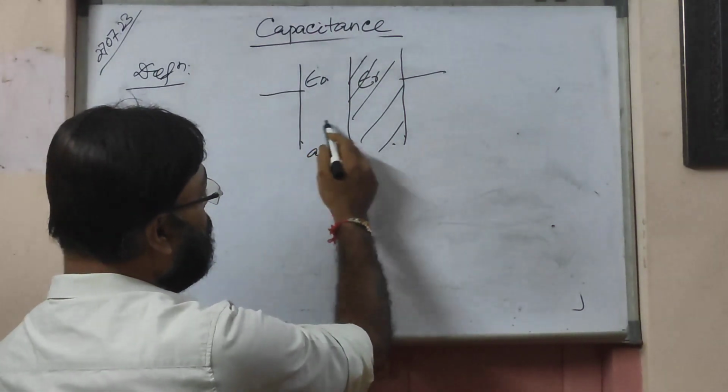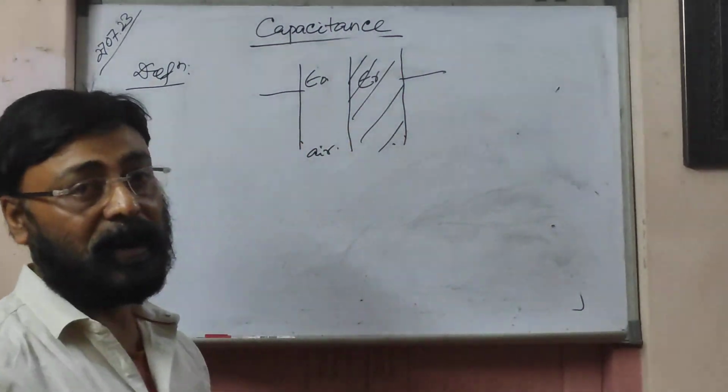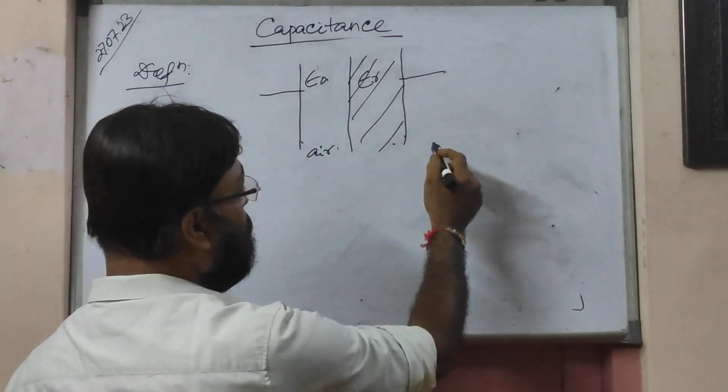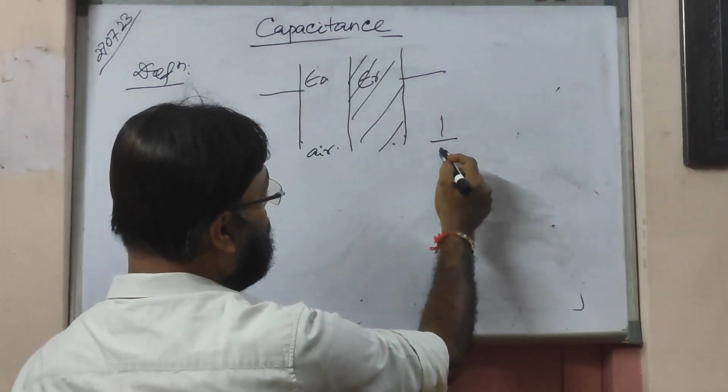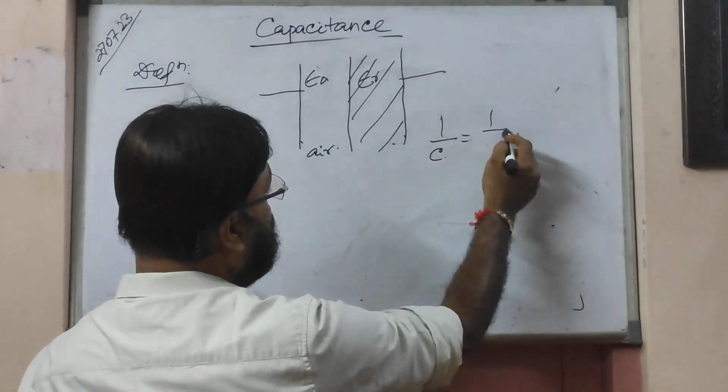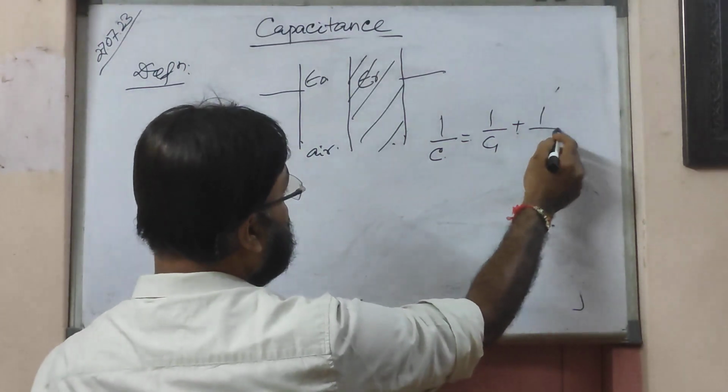We know that these two capacitances are connected in series. So what will be the equivalent capacitance? As the two are in series, 1 by C is equal to 1 by C1 plus 1 by C2.